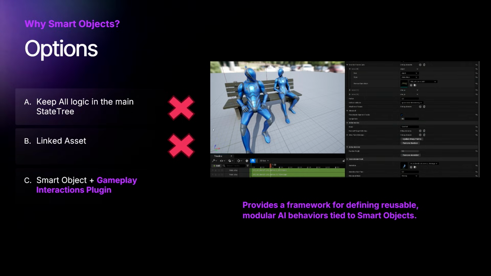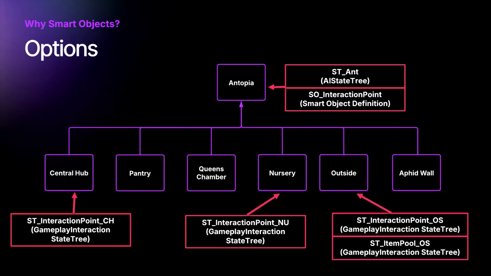In terms of the gameplay interaction plugin, it allows you to use state tree and smart objects together to create a complete and flexible interaction system between actors. It allows state tree to handle both the logic of the objects being used and the actor that is using them. So with more understanding of those two systems, we can probably explain more on the structure I just showed you in the last section.